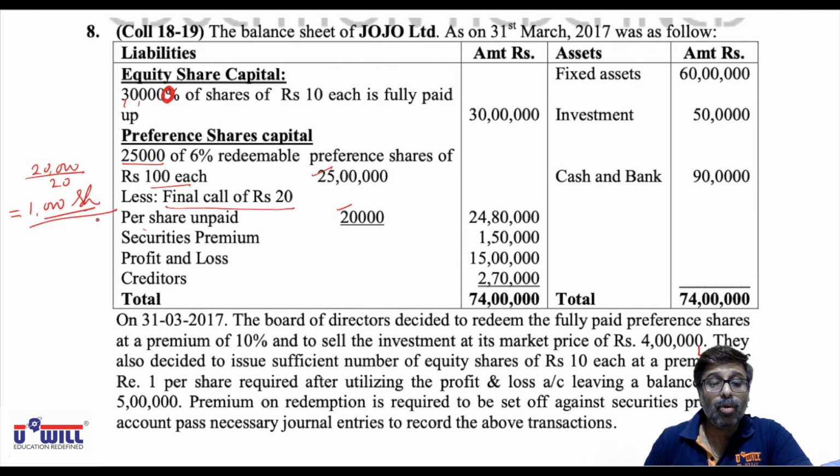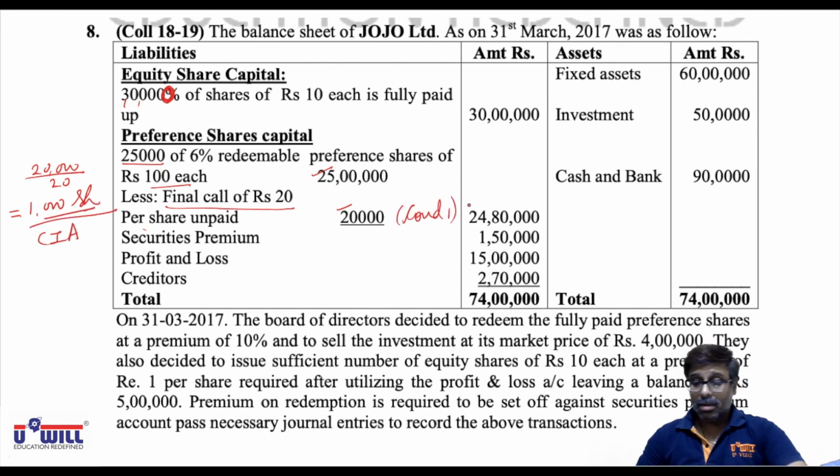Okay. Now, first condition. What is the first condition of redemption of preference shares? Only fully paid up preference shares can be redeemed. So out of 25,000, we cannot redeem 1,000 preference shares. We will redeem only 24,000 preference shares. Yes, if these 1,000 preference shares pay the calls in arrears, then we can redeem them.